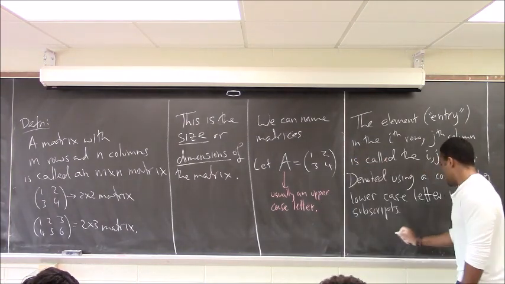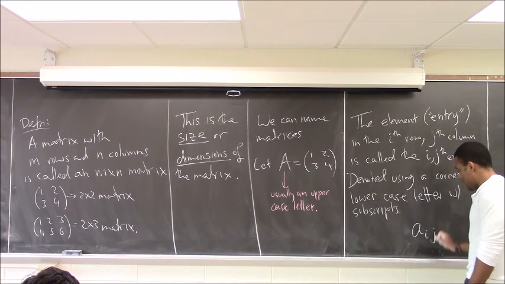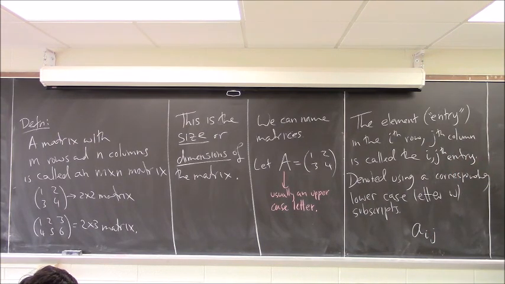So for example, I'd use lowercase a with little ij here. Usually if your i and j are 1 digit long, you put it like that, it's understood. You might put a comma if they're hundreds of digits long, you might separate it with a comma.